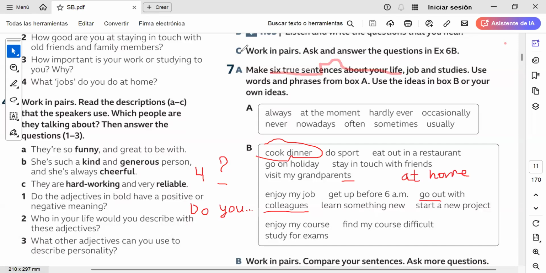Elizabeth, do you often stay in touch with friends? Yes, I usually send a message or voice note or sometimes FaceTime.